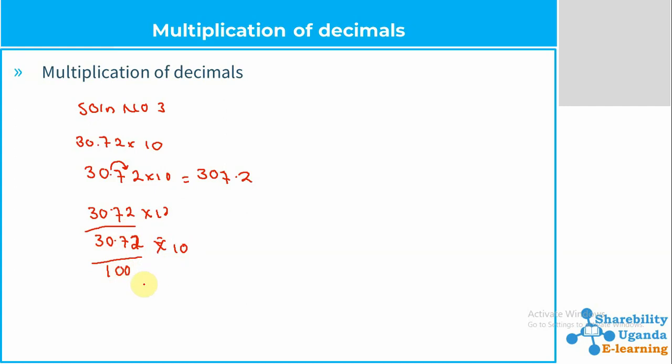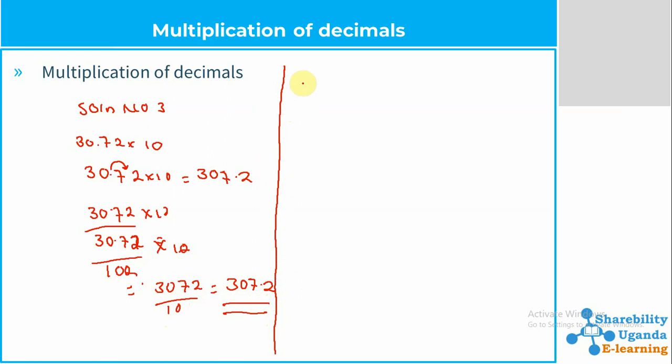We want to eliminate this, such that now here we can cancel this and remain with our 30. Okay, 72. We divide by 10. So this number, you can still use long division and get the same number, 307.2. We had proved this in our recent lesson, and how we can get this number when you divide this. Even when you use long division, you can get the same answer.